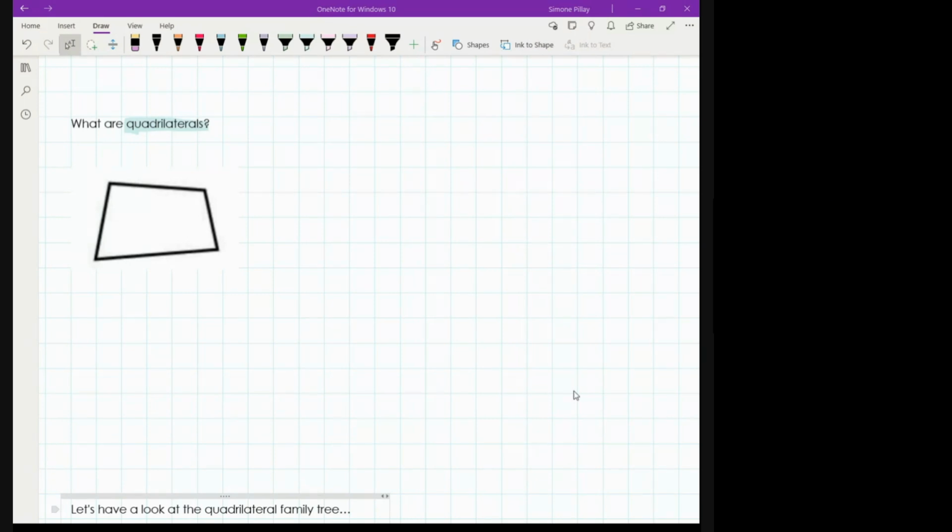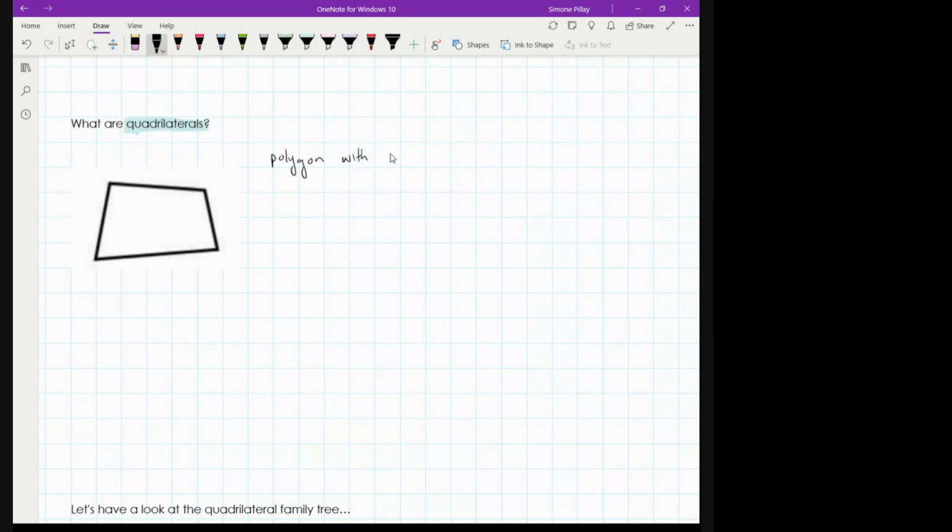A quadrilateral is a flat shape or a polygon which is 2D, with four sides, and equals to 360 degrees.